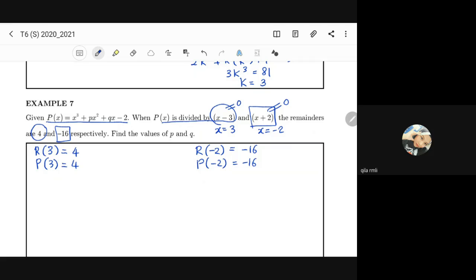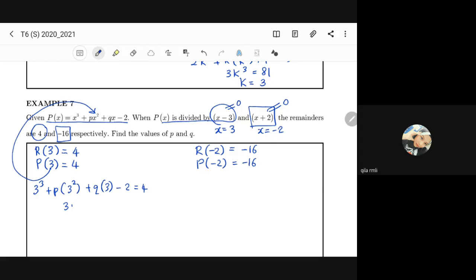Okay. So now we can substitute 3 into the polynomial. So we will get 3 cubed plus p times 3 squared plus q times 3 minus 2 equals 4. So 3p plus q equals negative 7. So this is our first equation.